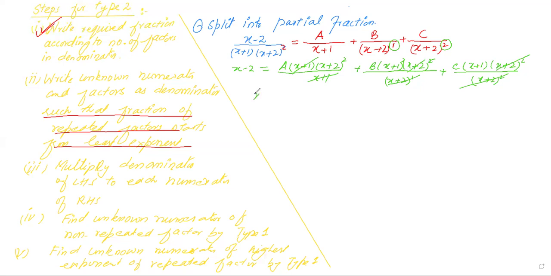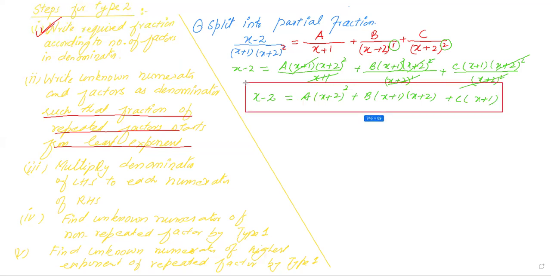After cancellation, I get x minus 2 is equal to A times (x plus 2) whole square plus B times (x plus 1)(x plus 2) plus C times (x plus 1). That is a very important equation, and you will find the answer with the help of this one.